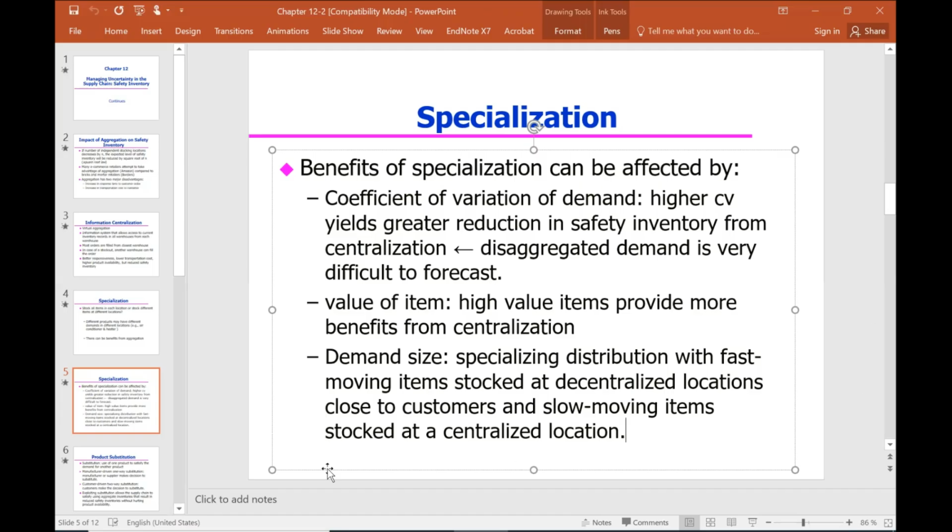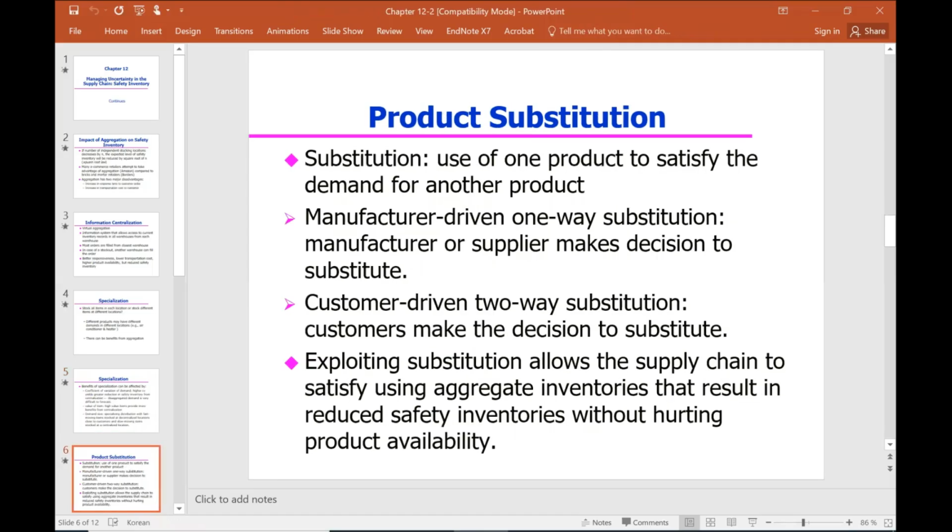And then next, the idea to aggregate the safety stock, that is about product substitution. Product substitution means you try to substitute a certain product with another product.